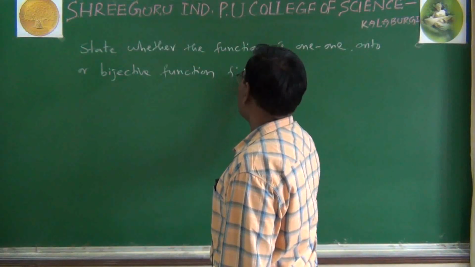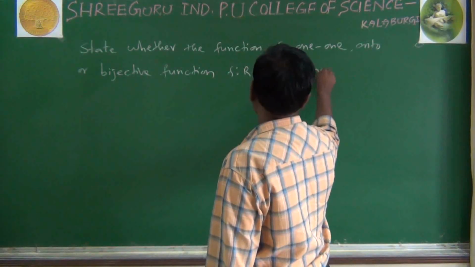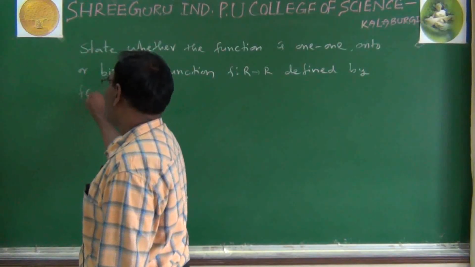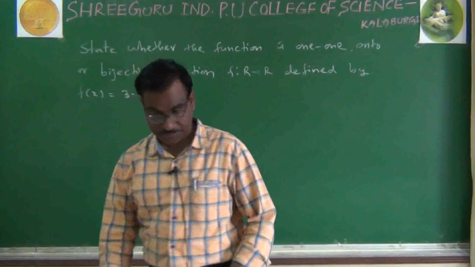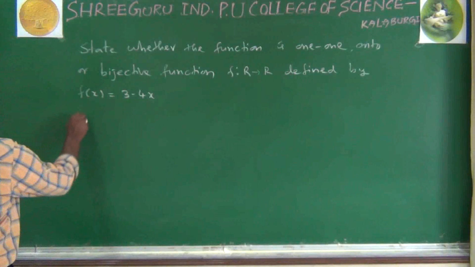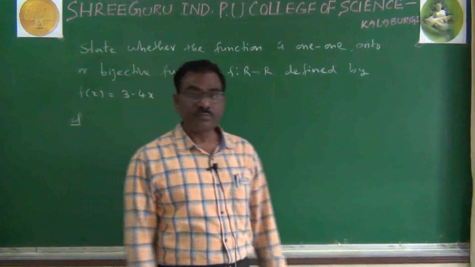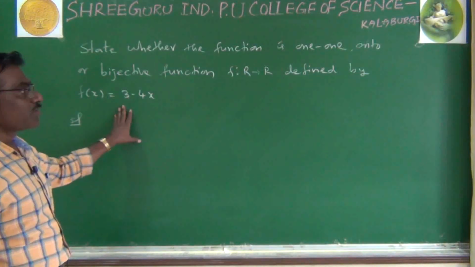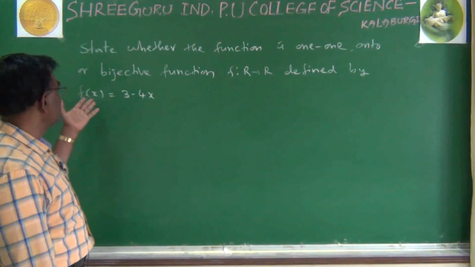f from R to R defined by f of x equal to 3 minus 4x. Whether this linear function is one-one, onto, or bijective.